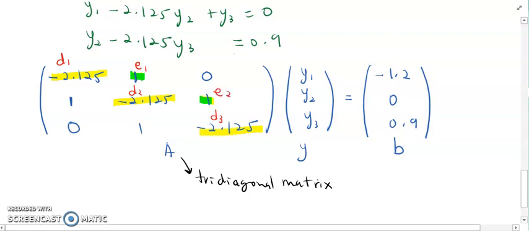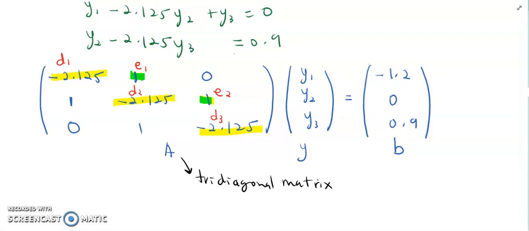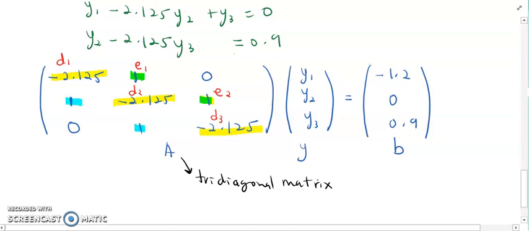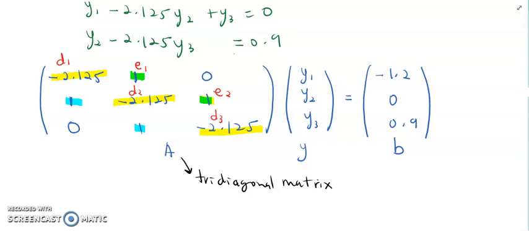For the lower diagonal, the diagonal below the main diagonal, this one here, 1 and 1, this is the C term. For C terms, we must start with C2.